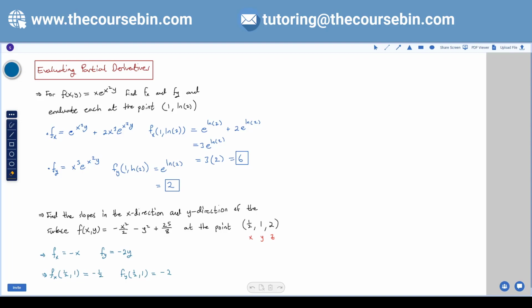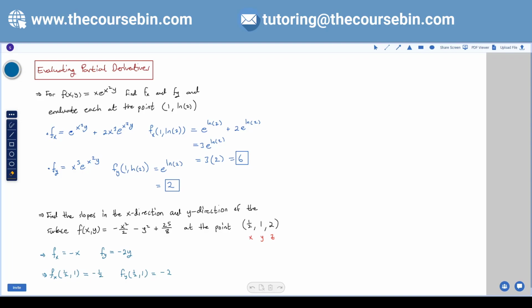Wait, is that before or after we do multiple partial derivatives, like how we had 2 or 3? Yeah, that's what the chain rule part is going to be about. Because that's going to be for when we have x and y, but both of those are also functions of other variables.